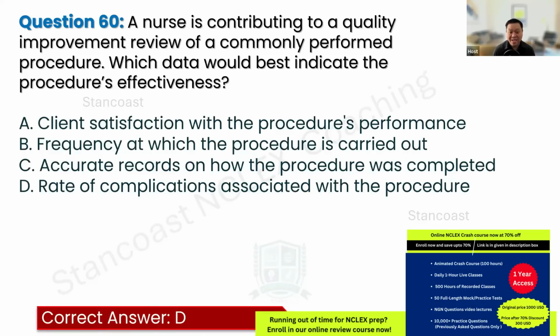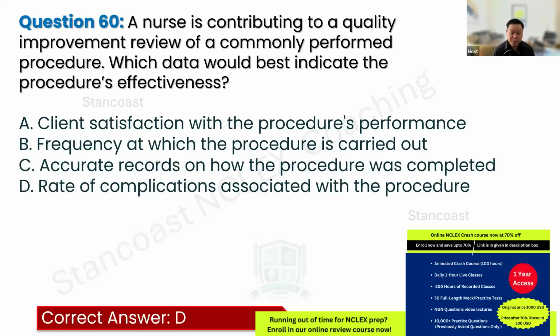Tracking complication rates provides better insights into the procedure's effectiveness, as a lower complication rate typically reflects higher success. Now, if you selected letter A, although client satisfaction is important, it does not provide a direct measure of the procedure's success. Same thing with letter B. This is incorrect.